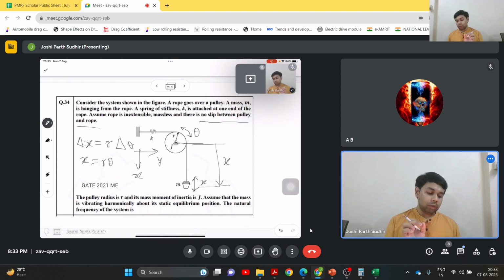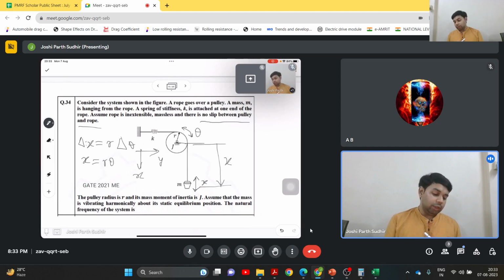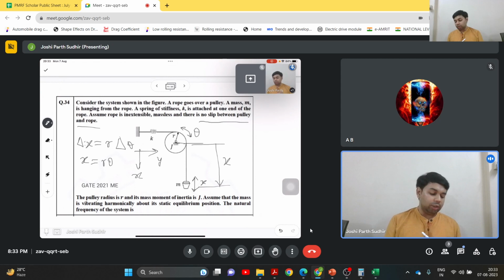Then, if the equilibrium position is, let us say, x eq, and at some general time instant it is at some position x, it has moved by an amount x minus x eq.